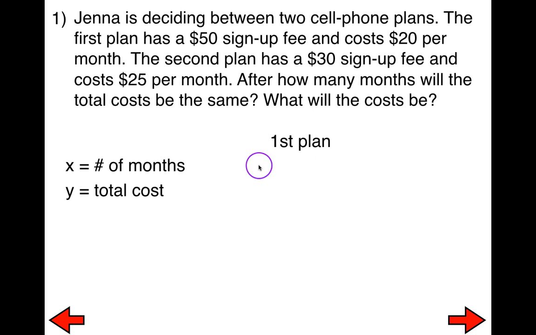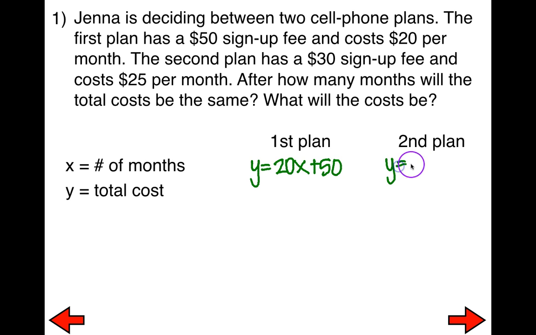Well, I would recognize that the first plan would be y equals, the $20 per month, so that's still 20x, plus your $50 sign-up fee. And then the second plan would be y equals, because the total cost would be $25 per month, so 25x, plus the $30 sign-up fee. And there I have 2 equations.